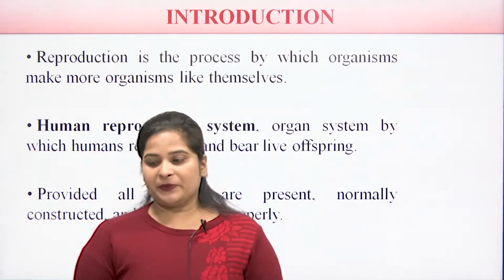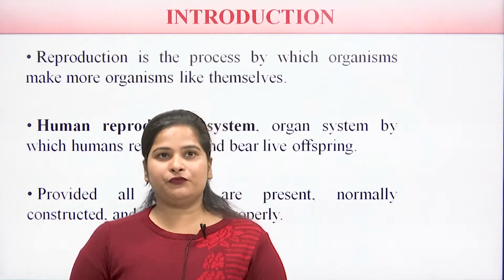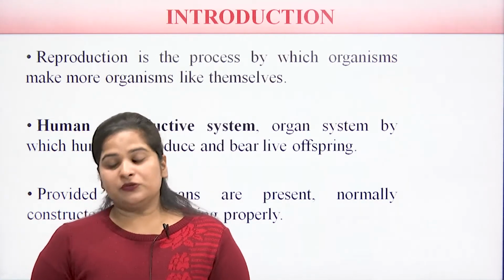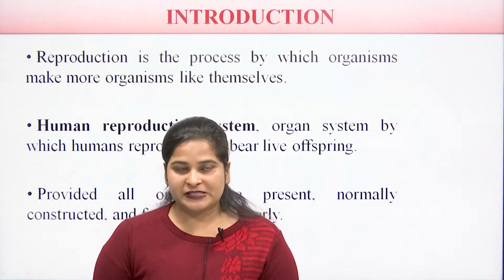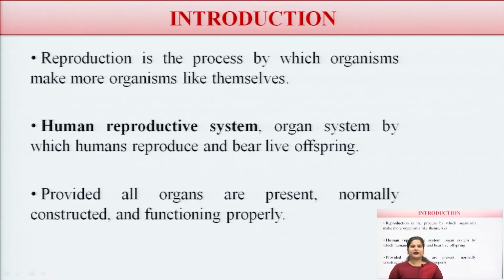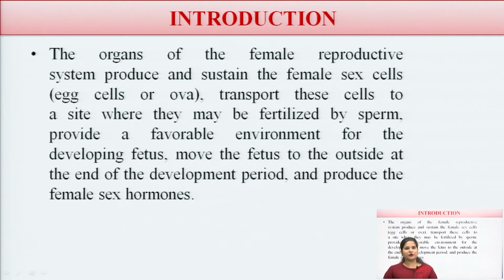The human reproductive system organs produce offspring, and it provides that all the organs present are normally constructed and function properly. This is an introduction to the reproductive system.